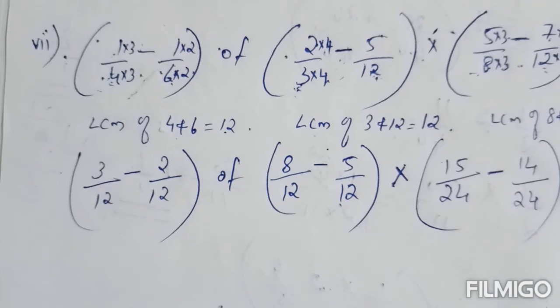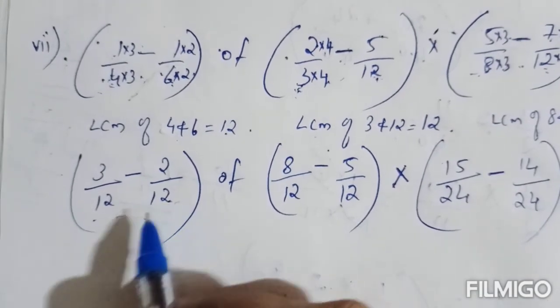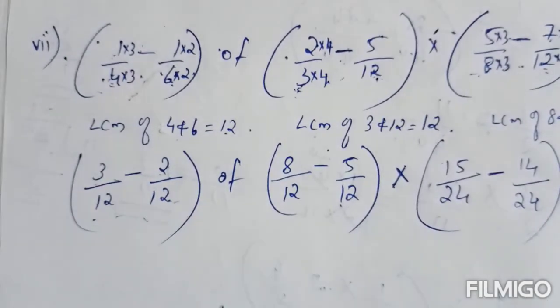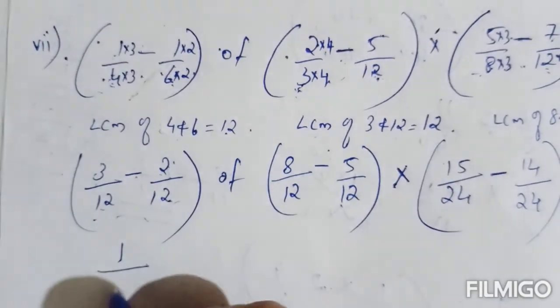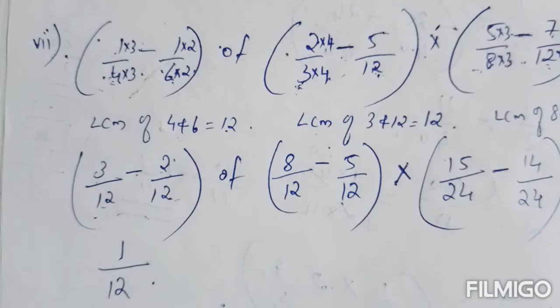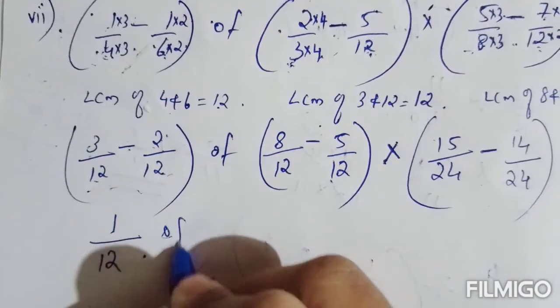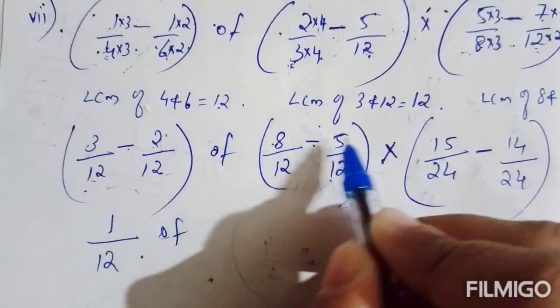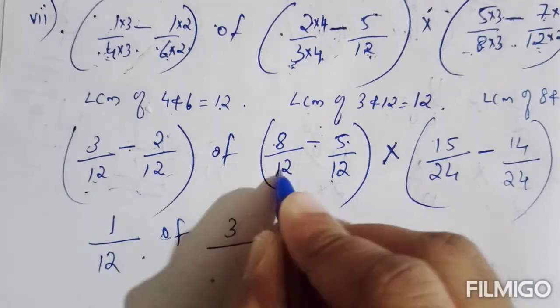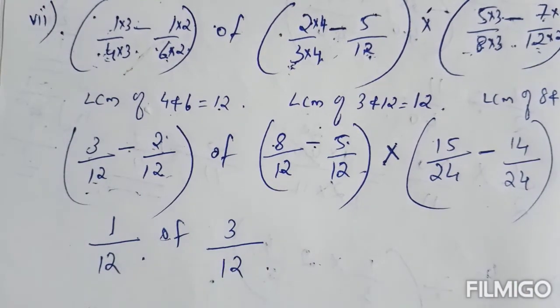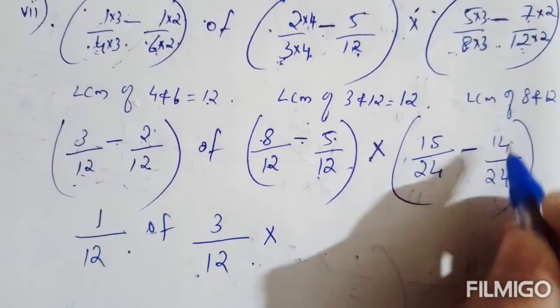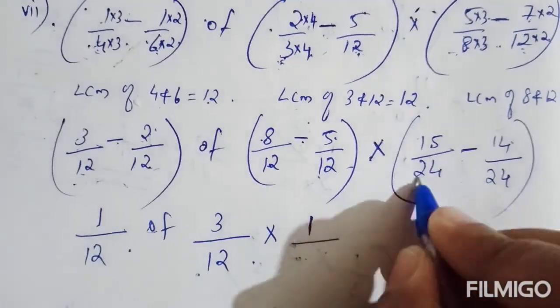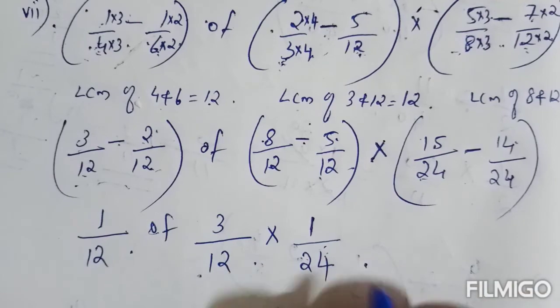Now you can solve the brackets. Denominators are the same, so you can subtract the numerators. 3 minus 2 is 1 by, denominator is 12. Of 8 minus 5, it is 3 by, denominator is 12, into 15 minus 14, it is 1 by, denominator is 24.